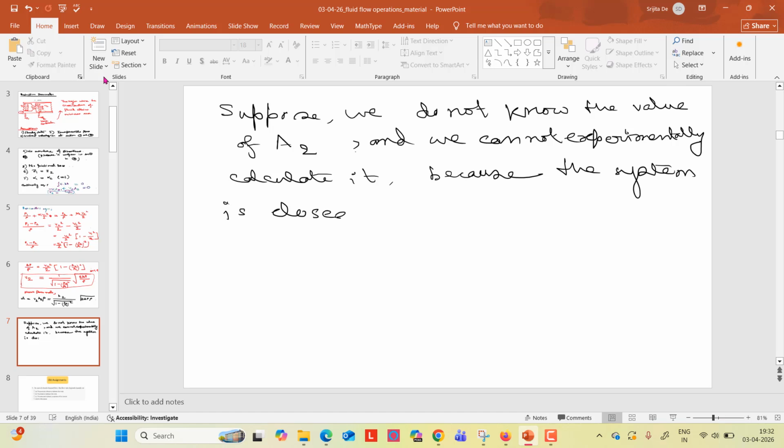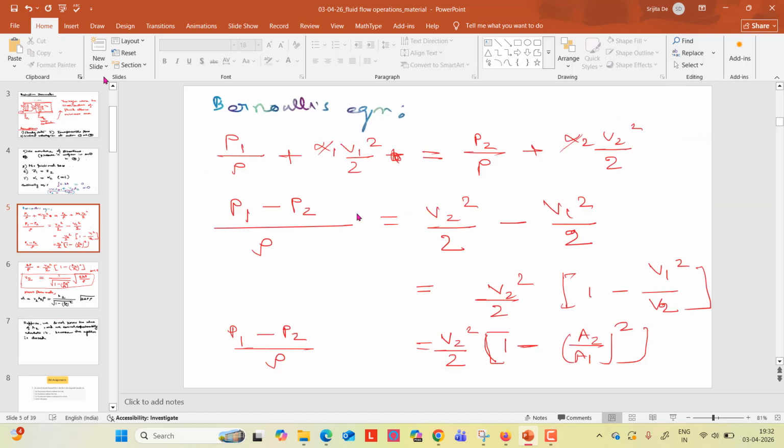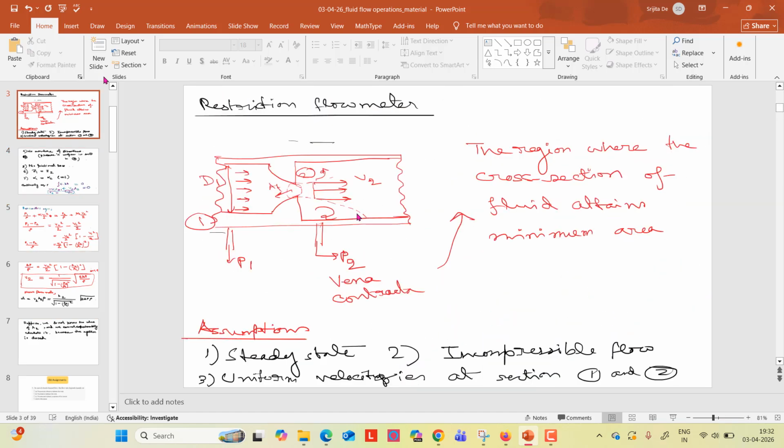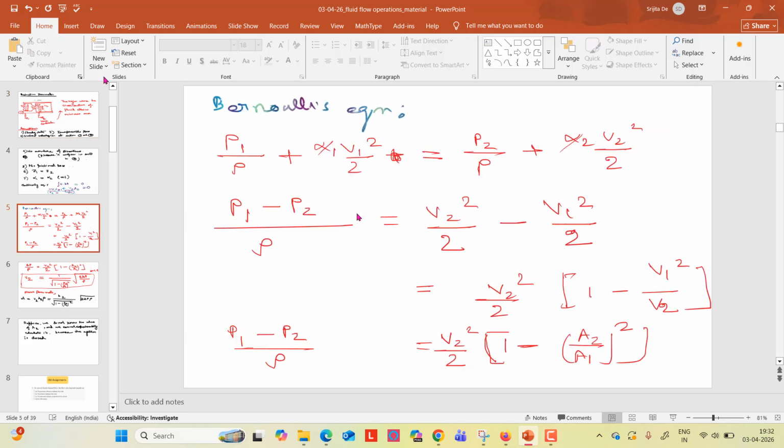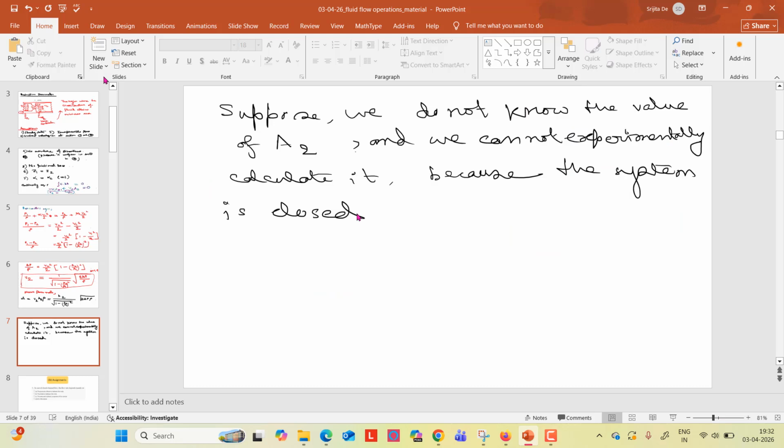As you can understand already, this is a closed system, so you cannot measure the A2 area, right? So what to do?